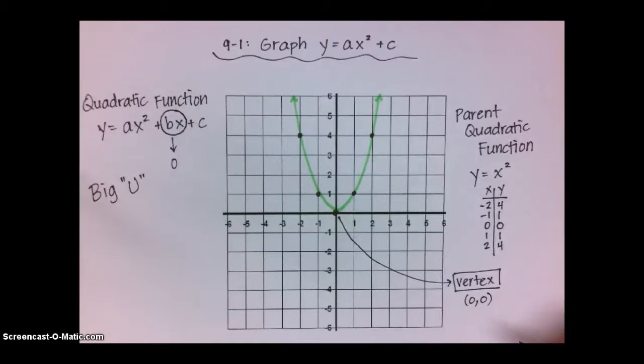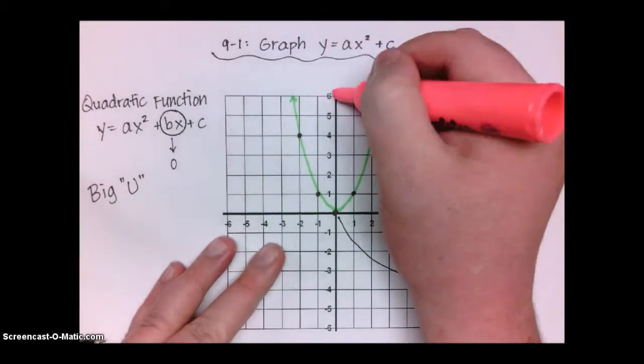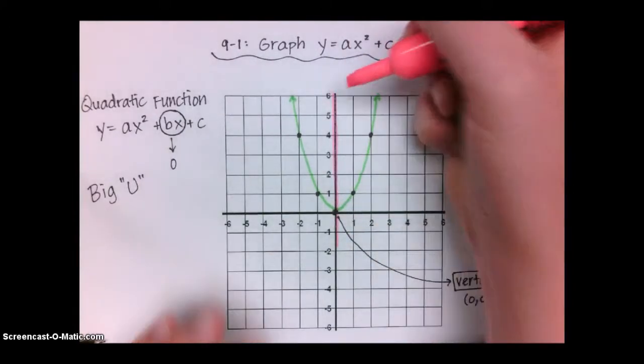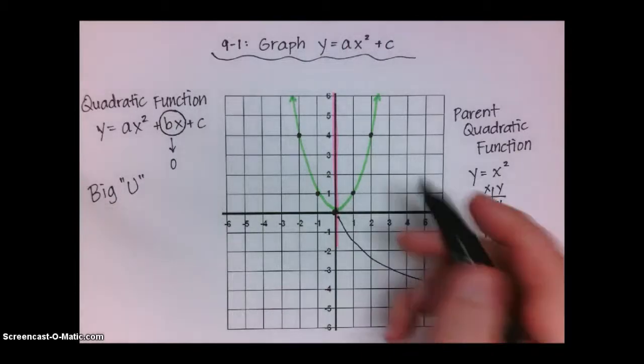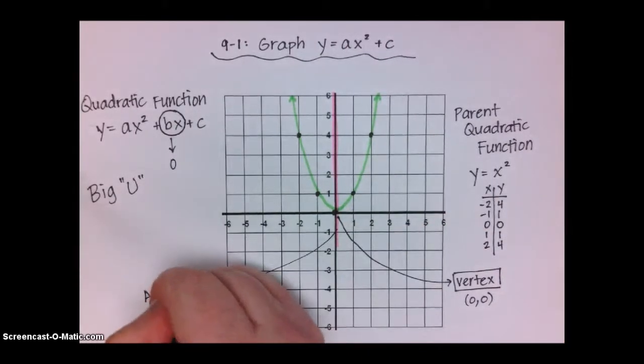Okay. Another thing I'd like to show you is this line down the middle. This pink line, it's straight down the middle. This line is called the axis of symmetry.